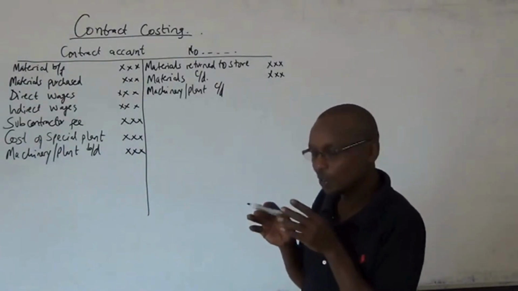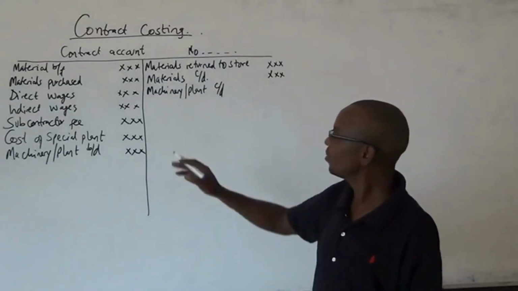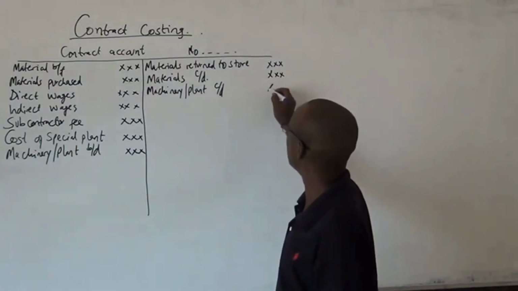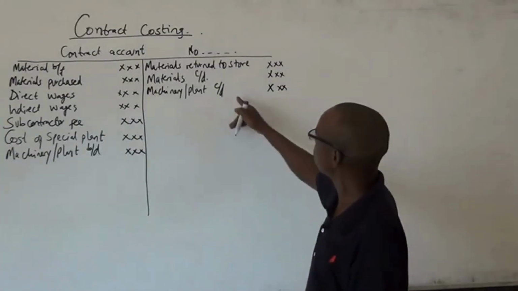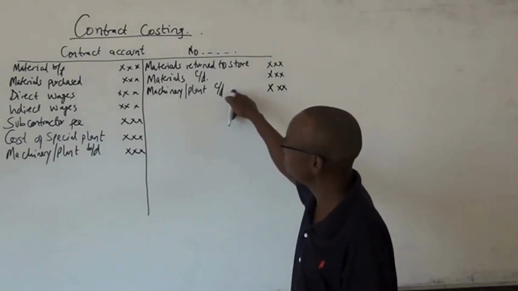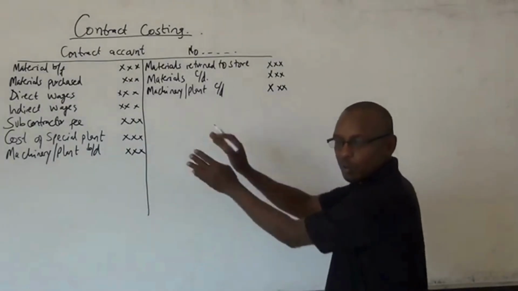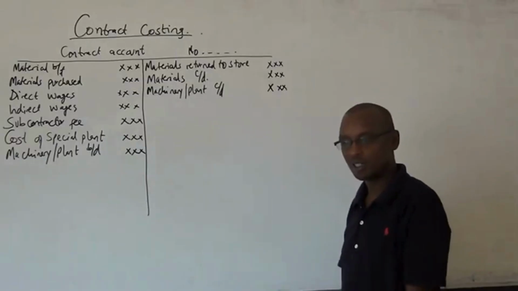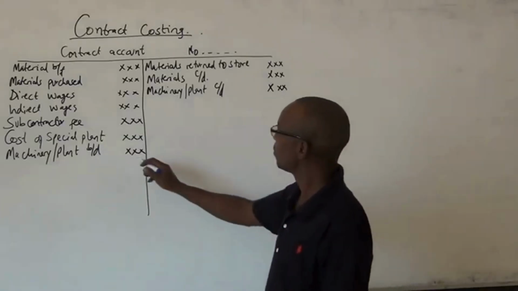At the end of the period, we value our machine, and the value of that machine at the end of the period, we put it here. The difference between machinery carried down and machinery brought down will be the value that has been consumed by this contract. Are you together? Then from there, you close this.